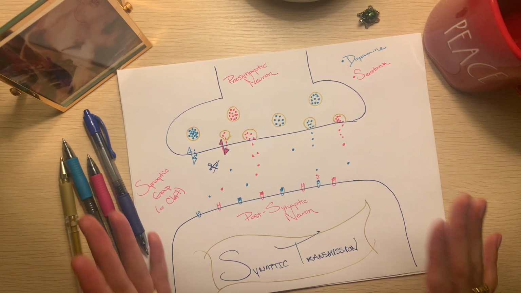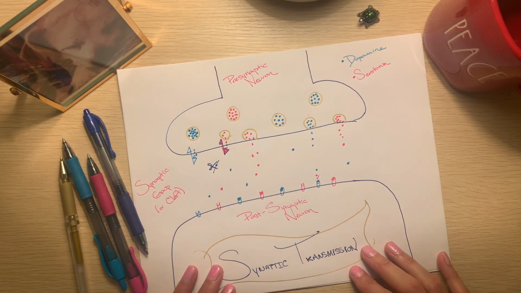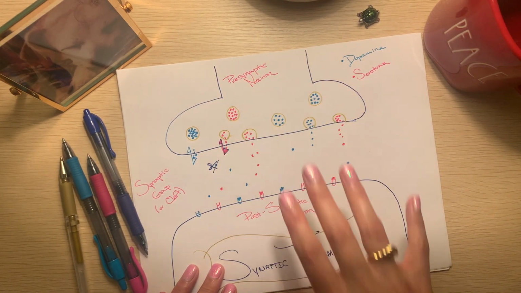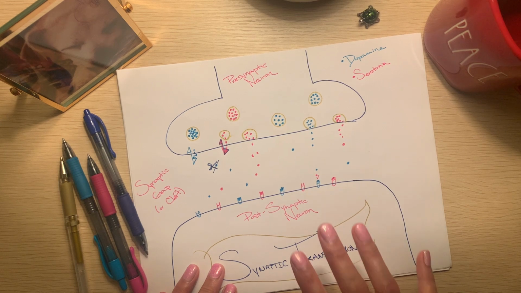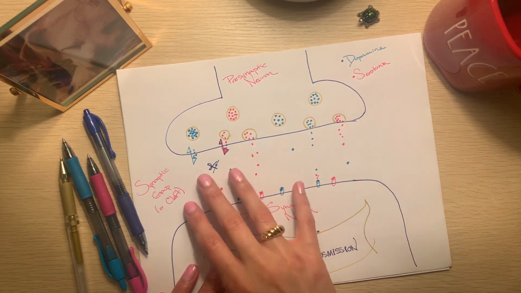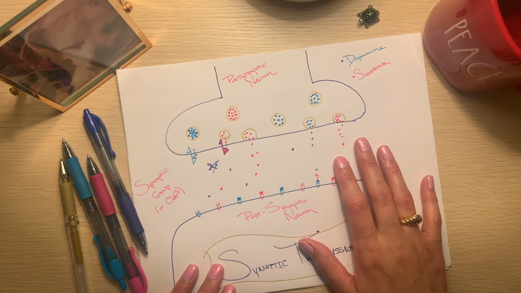Okay, so that is the process of synaptic transmission, where one neuron communicates to another neuron using neurotransmitters, these little chemical messengers.